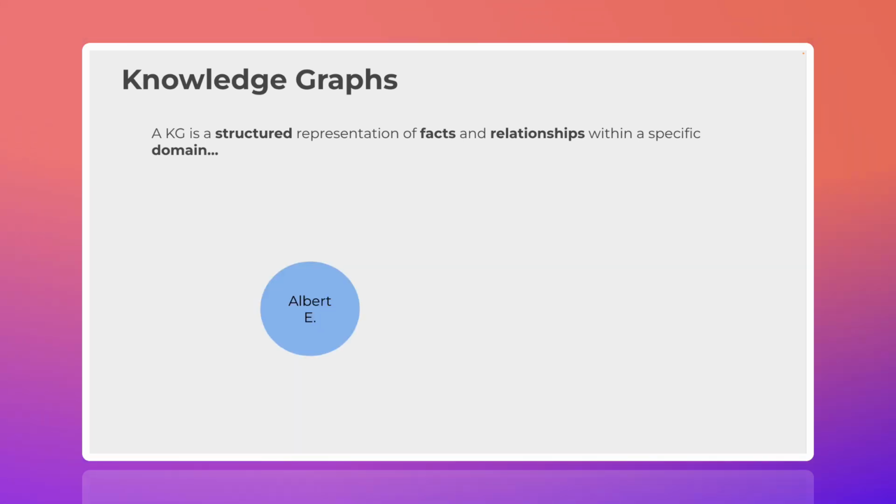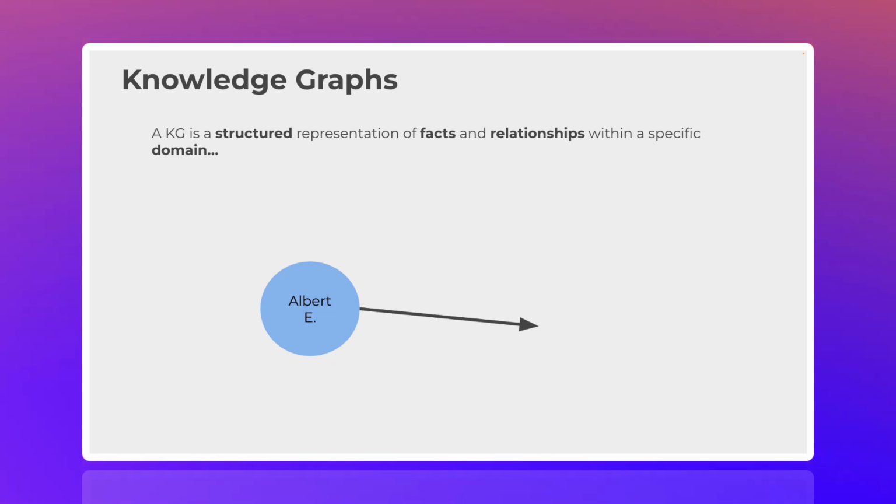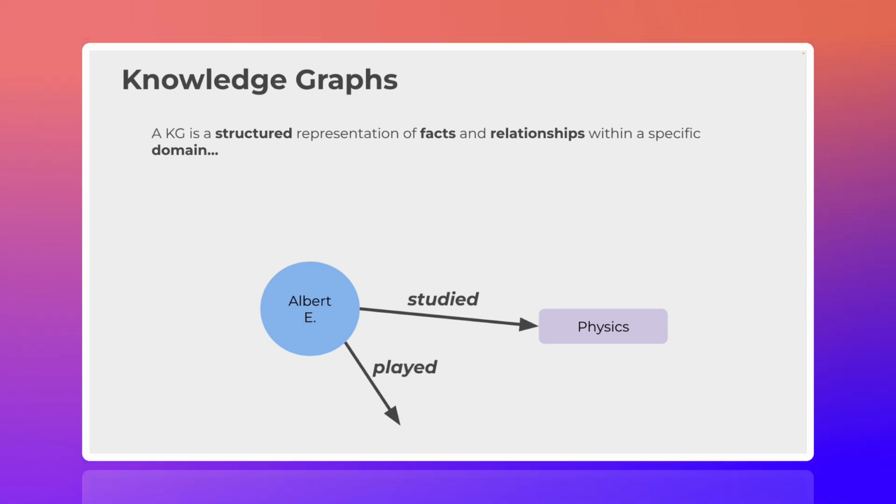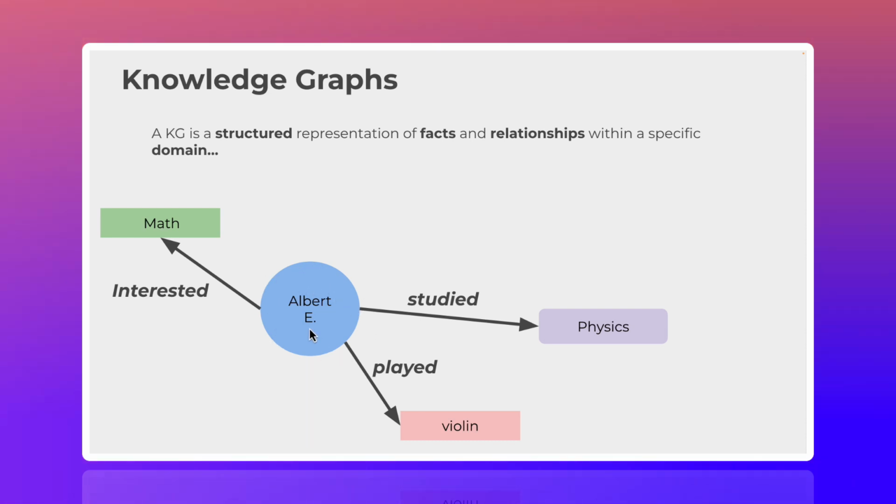If you look at this diagram here, imagine that we have at the center of everything Albert Einstein. We know that Albert Einstein was a physicist, which means he studied physics. But we also know that Mr. Einstein played the violin. We also know that Mr. Einstein was interested in math. At the center of everything we have Mr. Einstein, and then we have these arrows that represent relationships.